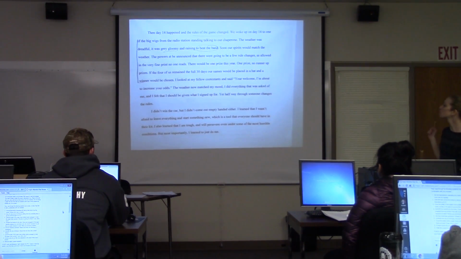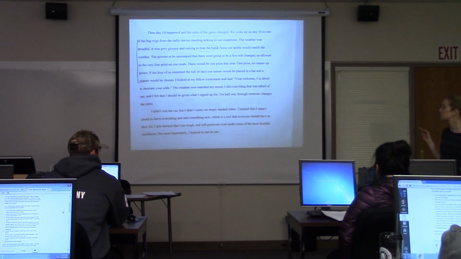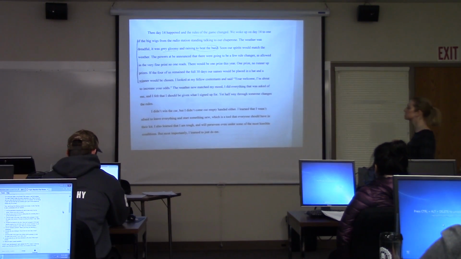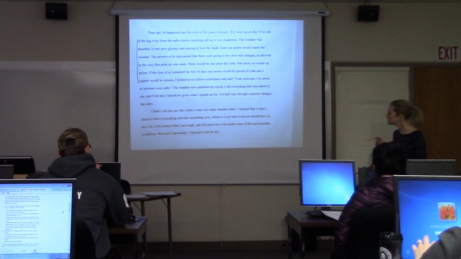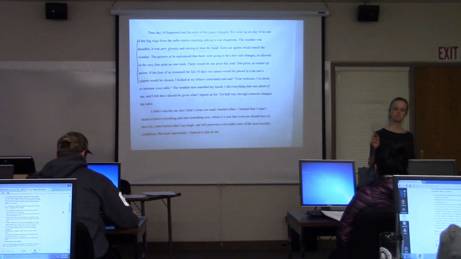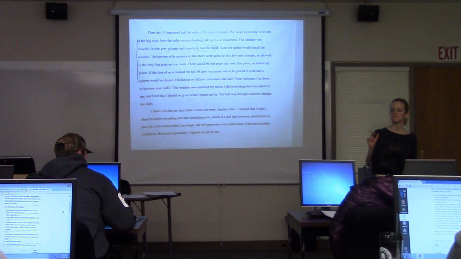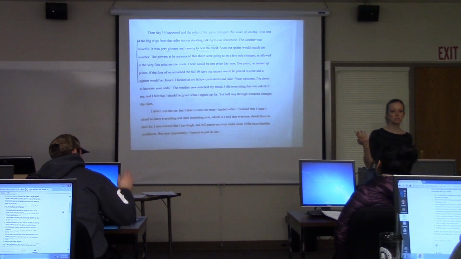Great. I learned that I wasn't afraid to leave everything and start something new, which is a tool that eventually have another kid. I also learned that I'm tough and I will persevere under some of the most horrible conditions. But most importantly, I learned to just do me. What do you think? Are those good things? Is it a good ending?